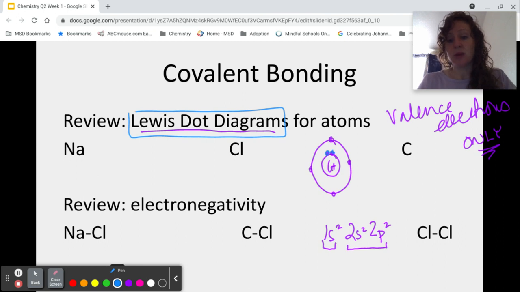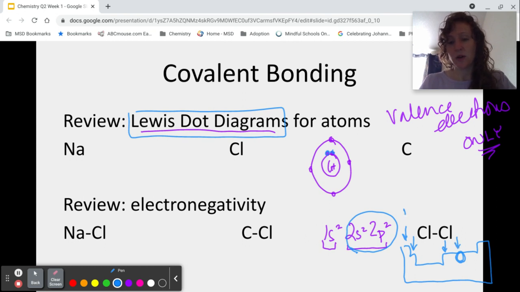That can be done by looking at the electron configuration. That can also be done by looking at a periodic table, because remember, each of the families has the same number of valence electrons. So the first family, the alkali metals, has 1 valence electron.